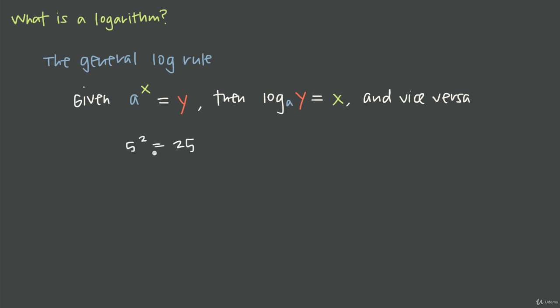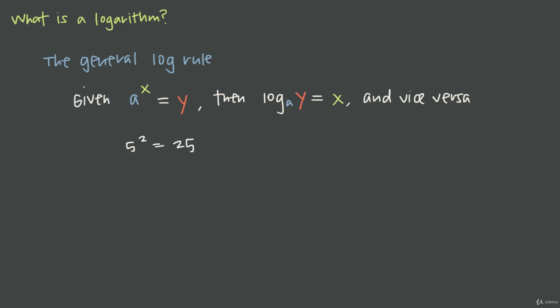First, let's say we're given the exponential equation 5 squared is equal to 25. We know from exponents that this is true because 5 squared is 5 times 5, and 5 times 5 is 25. So we understand this as an exponential equation. 5 squared is equal to 25. We want to use the general log rule to convert this over to a logarithmic equation.